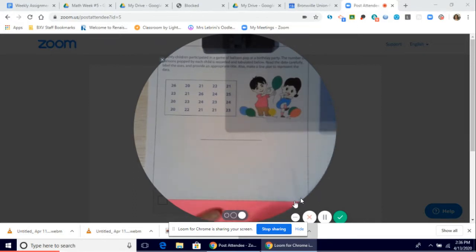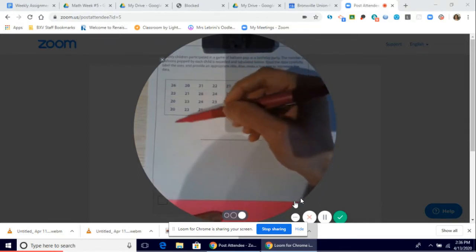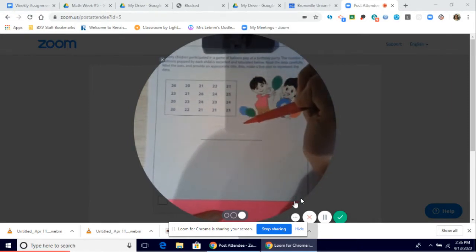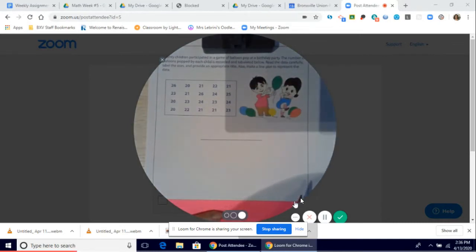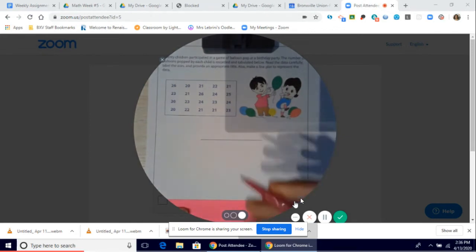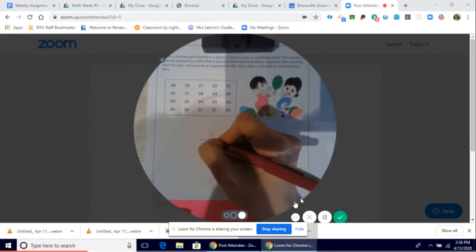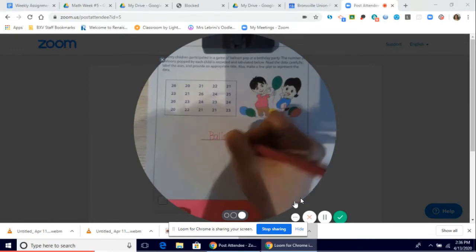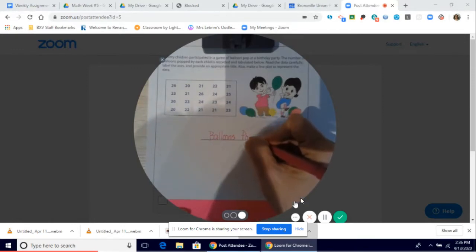Okay, so here we have just a list of all the different numbers of balloons that were popped. So, to me, a title would be Balloons Popped.